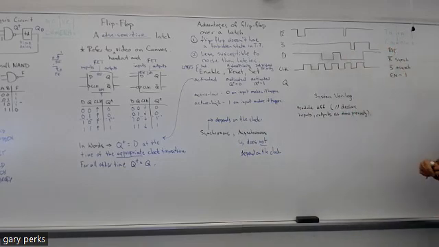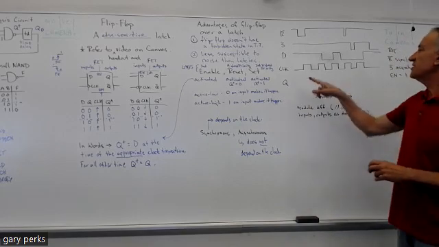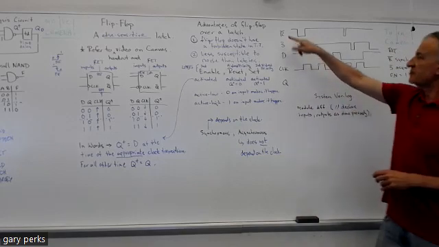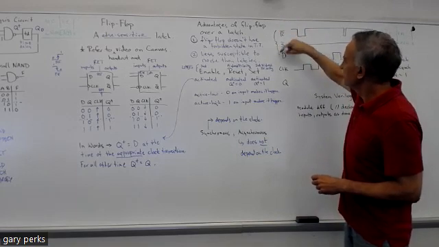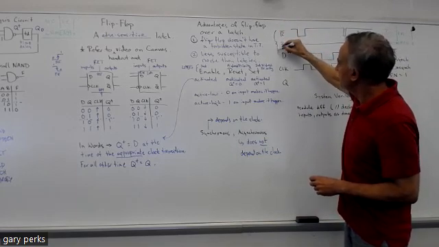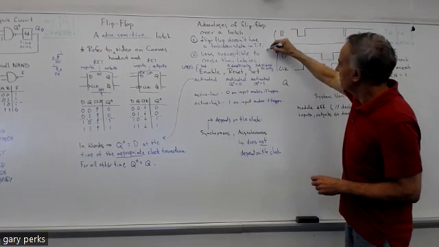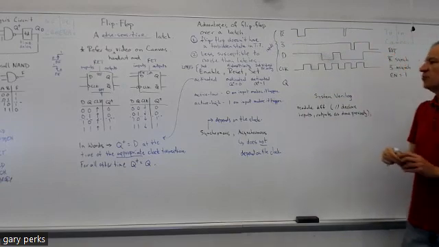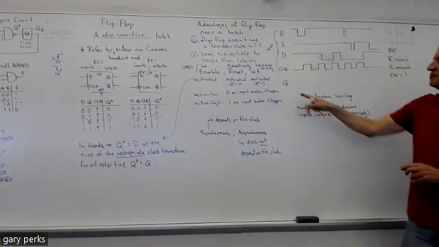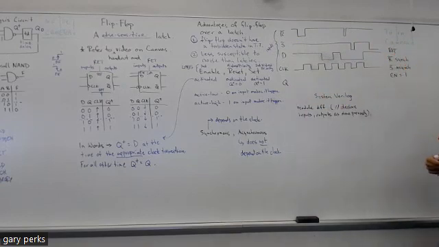All right, so let's take a look at this timing diagram I have here. These are our inputs here. Clock's an input too, right? And then we're just looking at one output, Q. A lot of times you'll see this in timing diagrams for D flip-flops: they don't show Q and not Q, they just show one of them.